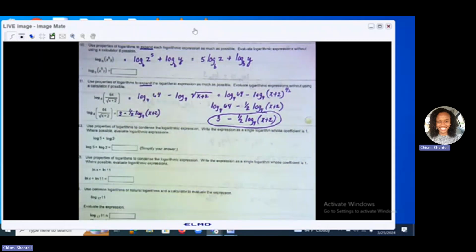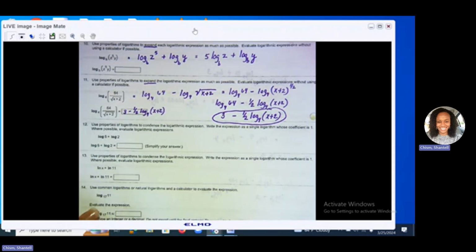Oh, also, let me say this. When you're entering these answers on the computer, be sure that you're using their log keys. If you're typing on your keyboard, I'm not certain that they will understand that notation. So when you're on the problems, you notice the little different key functions.